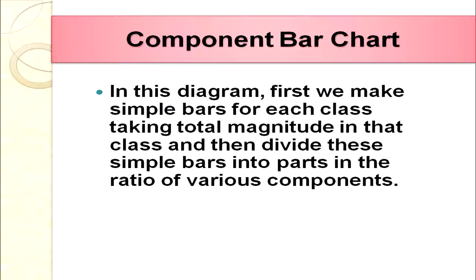Then I will start dividing each bar for each class. That means we first make a simple bar for each class, taking the total magnitude in that class. Then we divide these simple bars into parts in the ratio of various components. So, this type of diagram shows the variation in different components.